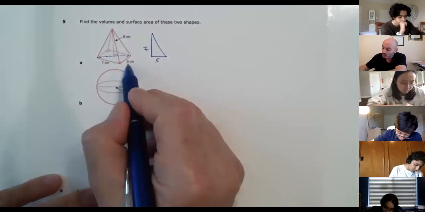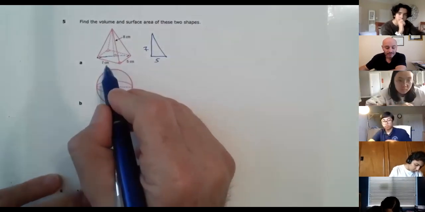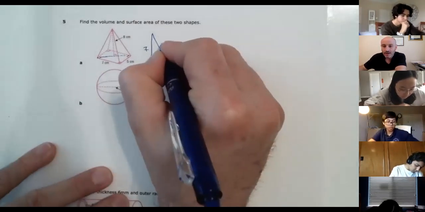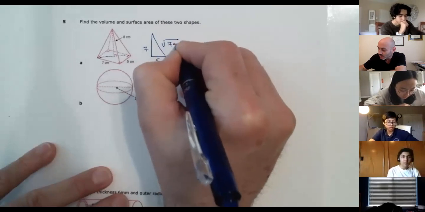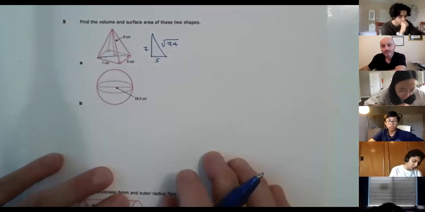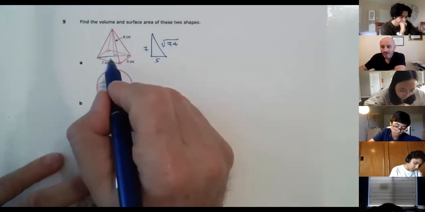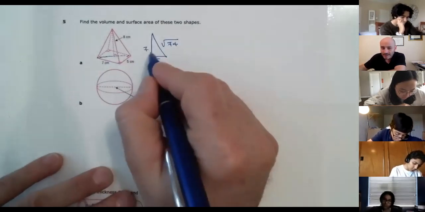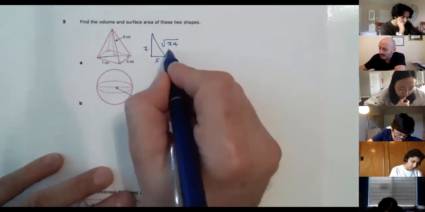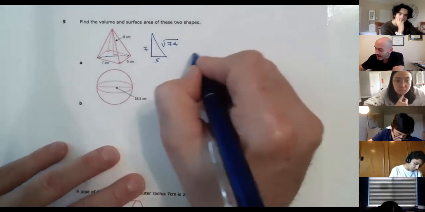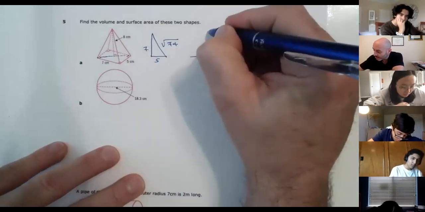That will be 25 plus 49, 74, right? So this should be the square root of 74. Yes? But we need only half of it, right? So this is for the base, in order for us to find the diagonal of the base. But for the height, we have this situation.